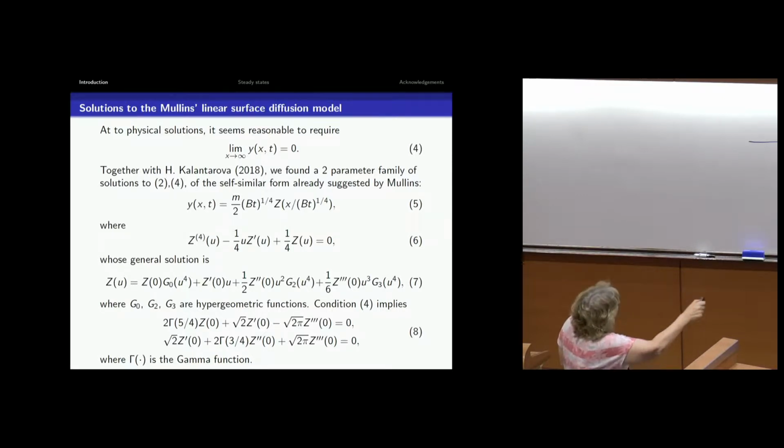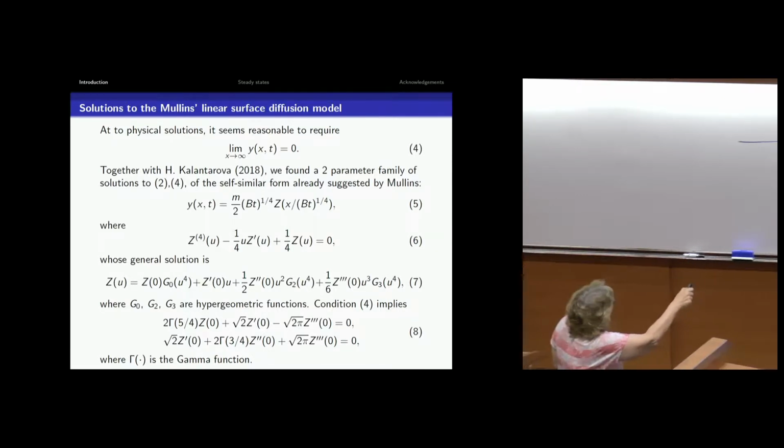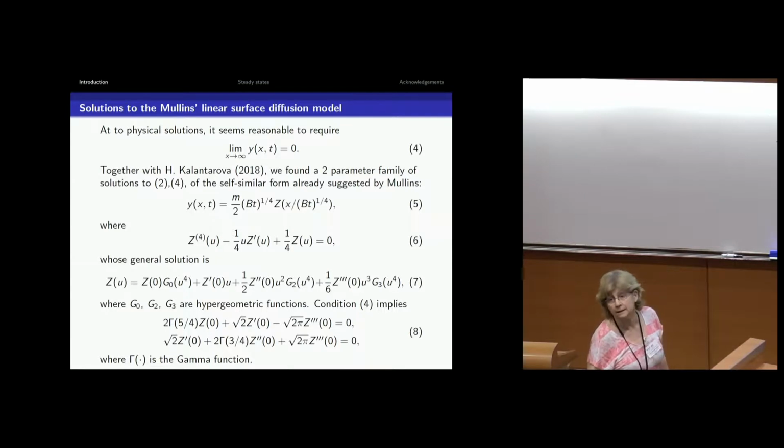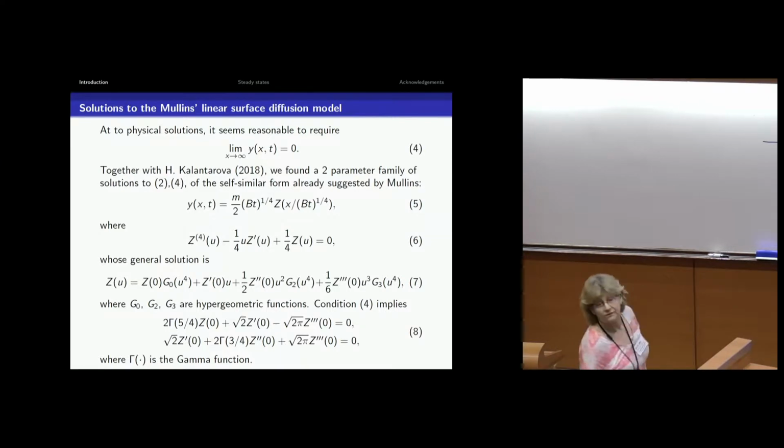And this Z has to satisfy, with U as the self-similar variable, this 4th-order equation, linear, written down already by Mullins in 1957. But I told Abiba, go find the general solution. So she found the general solution. Okay, these are hypergeometric functions.